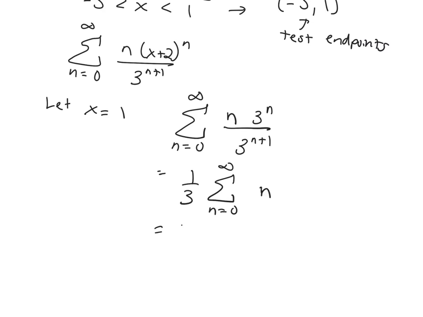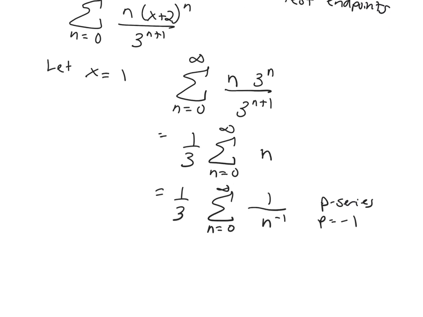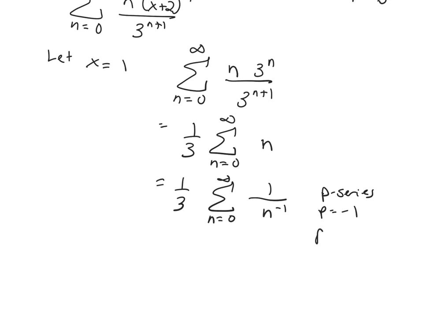So for a p-series, we want to have it in the denominator, but we can move it to the denominator and make the exponent negative. So it's a p-series. My p is -1. That's less than or equal to 1. So it diverges. You could have also used the divergence test if you wanted, so maybe I'll put that here.